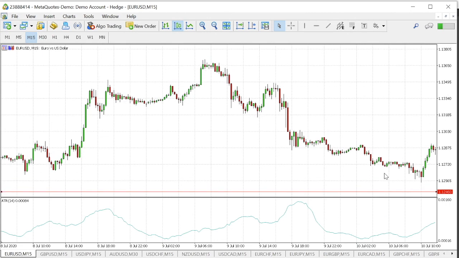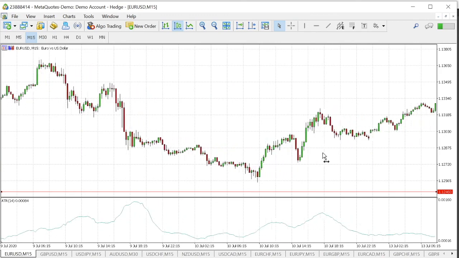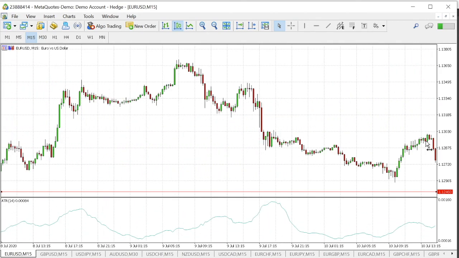And there we have it. By using this stop loss level, the position doesn't get stopped out, and you'd be able to ride this trend. And that's it for this example.